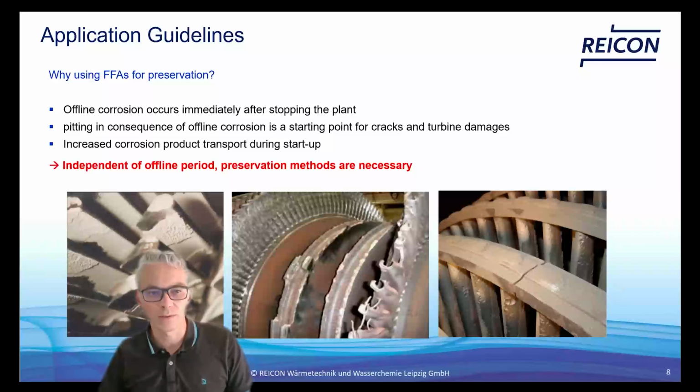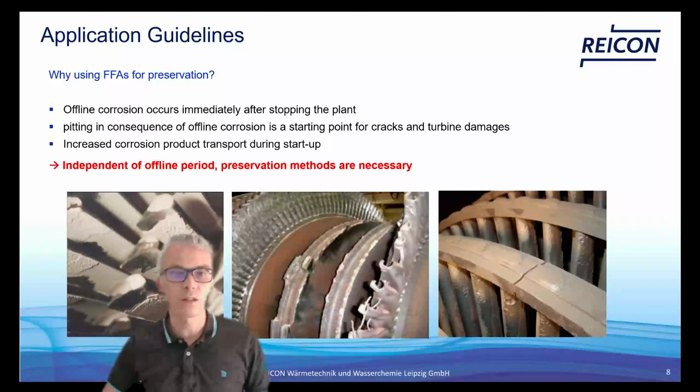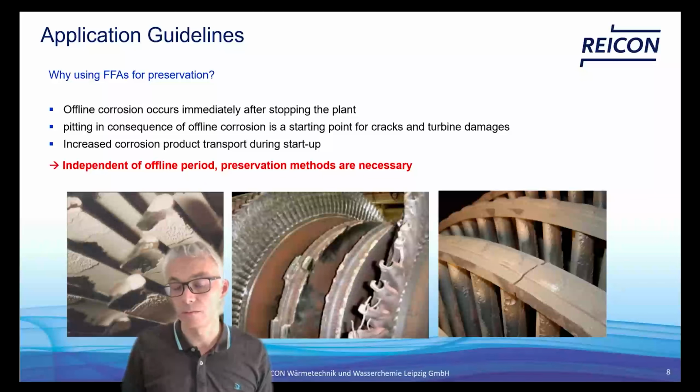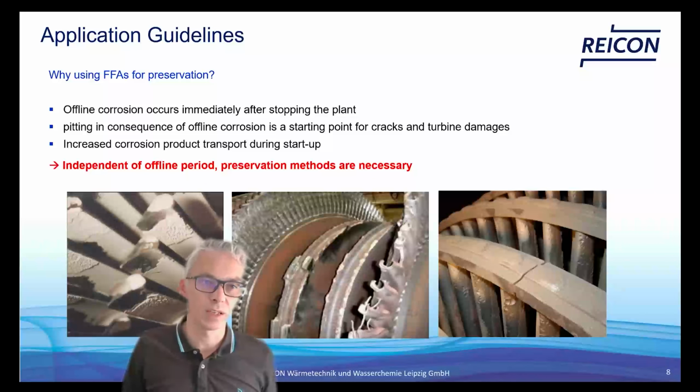Of course, you will have pitting, especially in the turbine blades, which results from offline corrosion during the standstill, and these pits are the starting points for further cracks and turbine damages, which will be recognized when the plant is restarting. And also during restart, you will face an increased corrosion product transport.